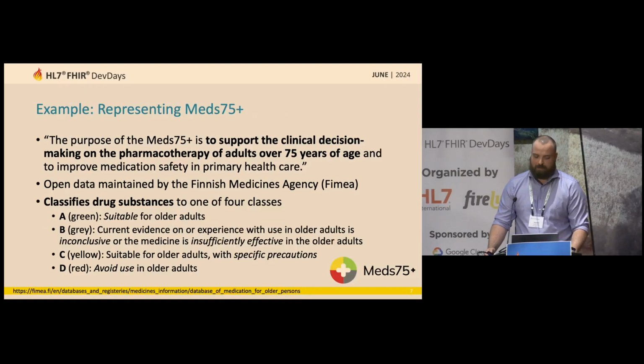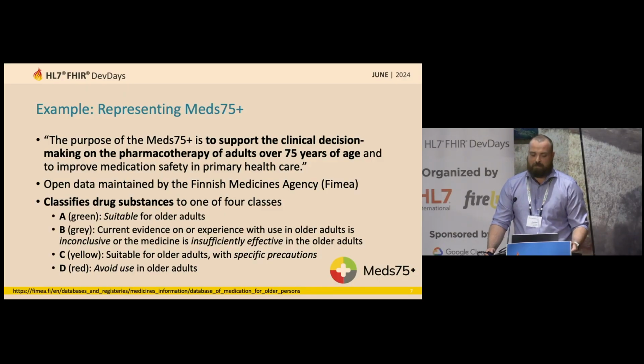As a concrete example, let's look at an open data classification from the Finnish Medicines Agency FIMEA called the Med75+, which is a classification for drug substances that classifies the substances for their suitability for older adults. As the name implies, it's for those who are over 75 years of age.